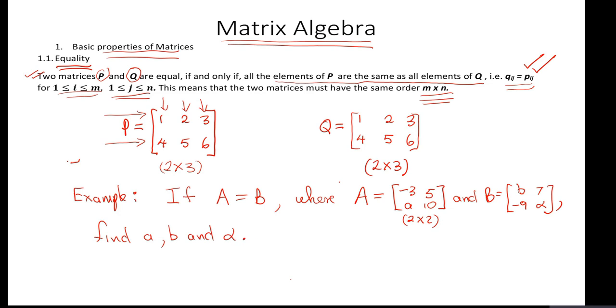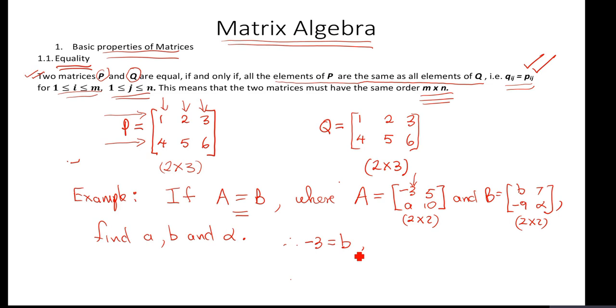Well, very straightforward. If A is equal to B, and I look at A, that's a 2 by 2 matrix. B is also a 2 by 2 matrix, which means every single element in its particular place is equal to every single element of B in that particular place. So for instance, the -3 is in the first row, first column. Therefore, that -3 of A must be equal to the first row, first column in B, must be equal to b.